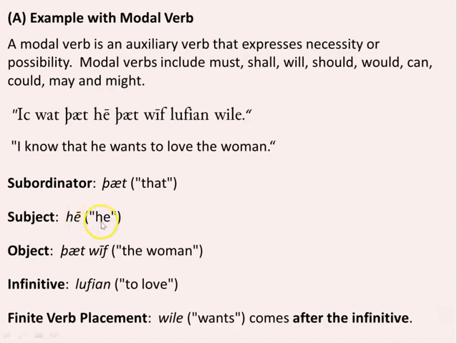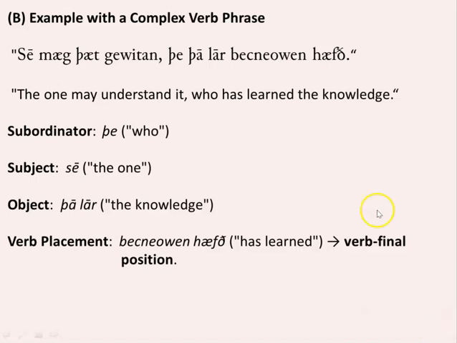Subject he, object that with the woman, and infinitive luvian, to love. Finite verb placement: willa, wants, comes after the infinitive. So the infinitive and then the conjugated verb. In this subordinate clause beginning with that, notice the two verbs are at the end.